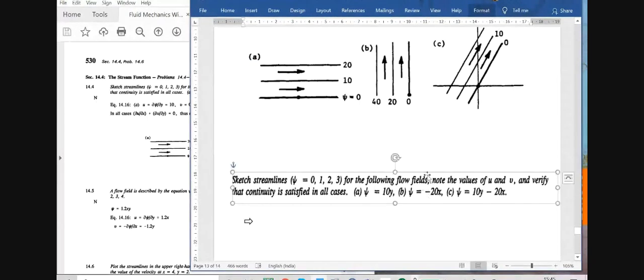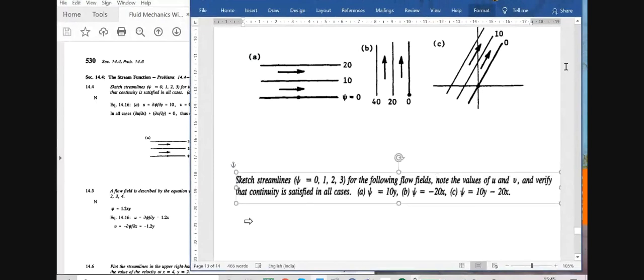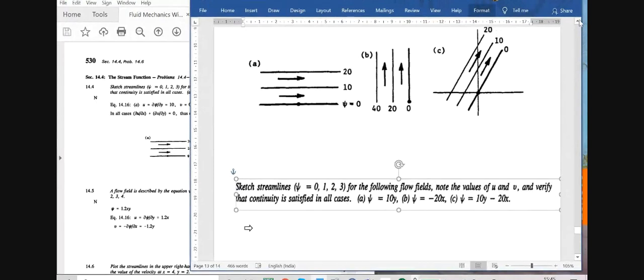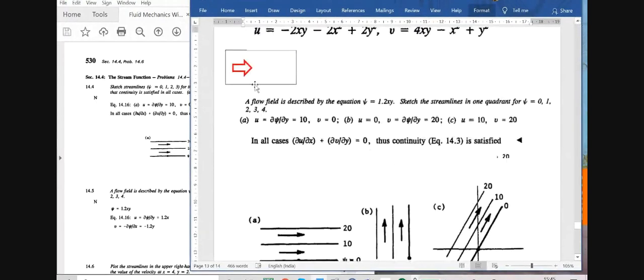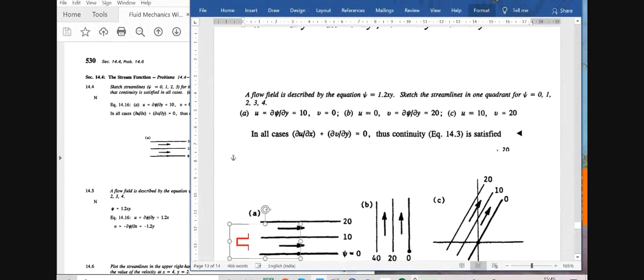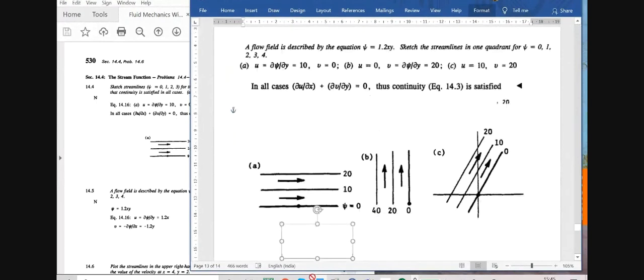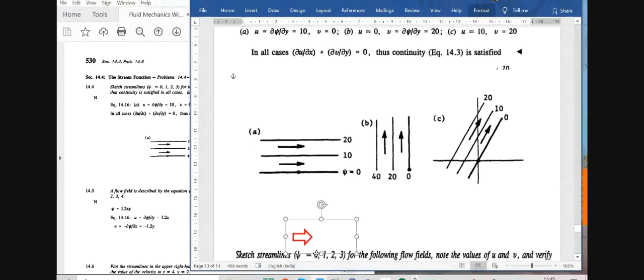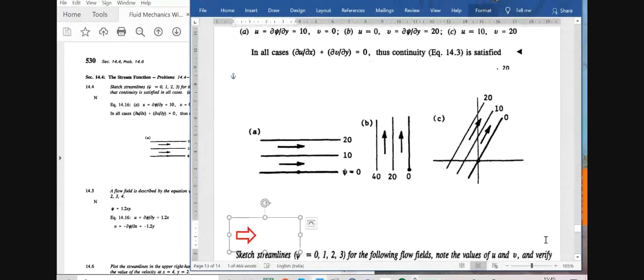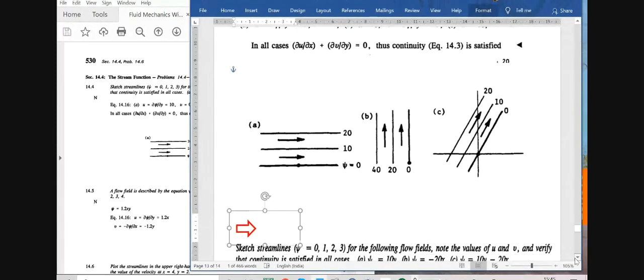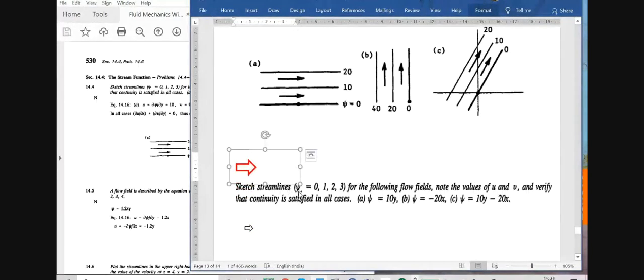This is the problem. You note down this problem. Sketch the streamlines, psi equal to 0, psi equal to 1, psi equal to 2, psi equal to 3 for the following flow fields.